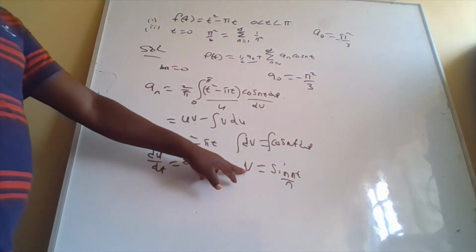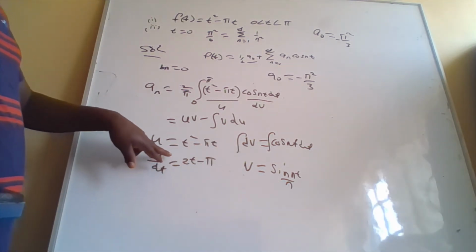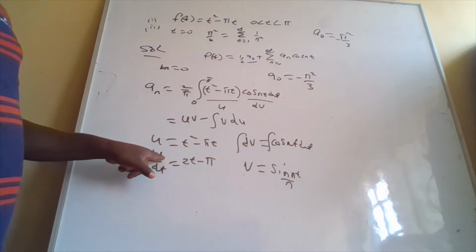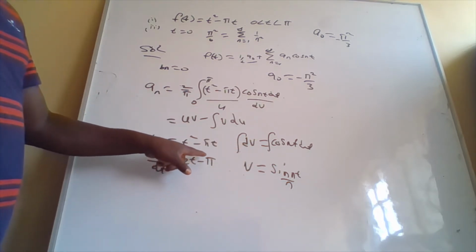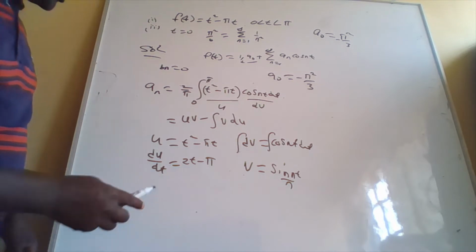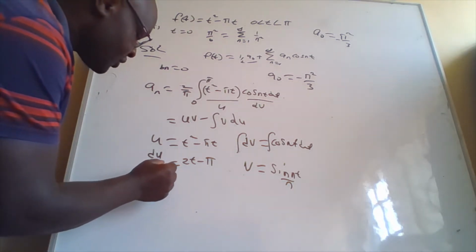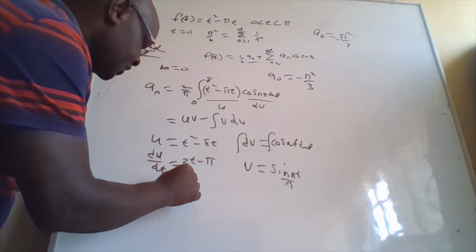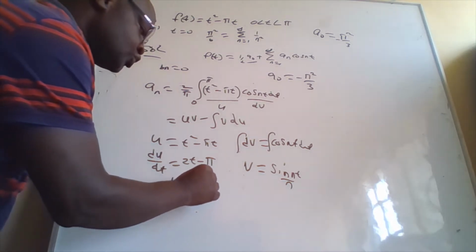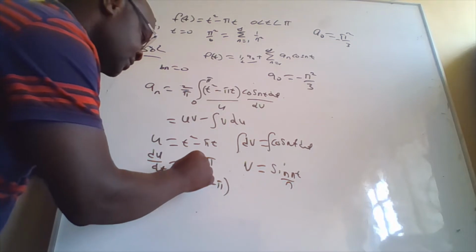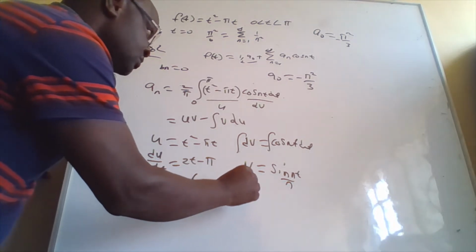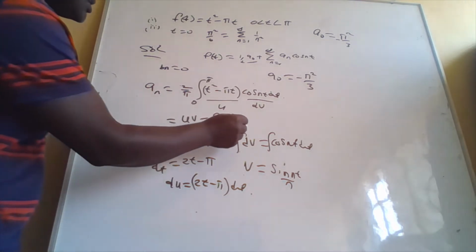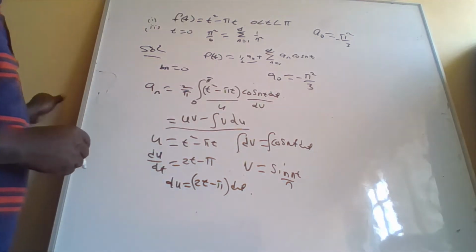So this is our v, given by that, and du/dt is given by that. So here you can say that du equals 2t minus pi dt.